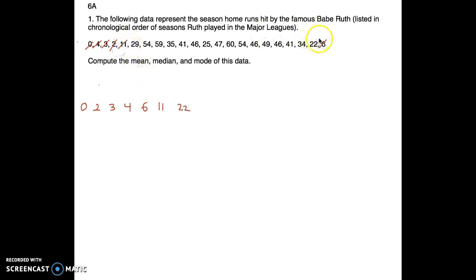So cross out the 11 and the 22. Looks like we've got a 25, a 29, let's see, 34, 35. I'll put those closer together because there's not going to be a number in between.